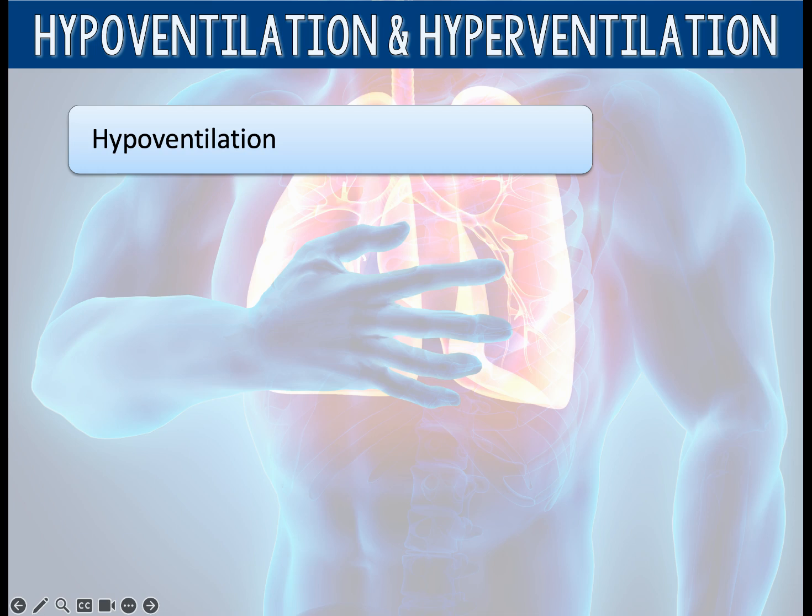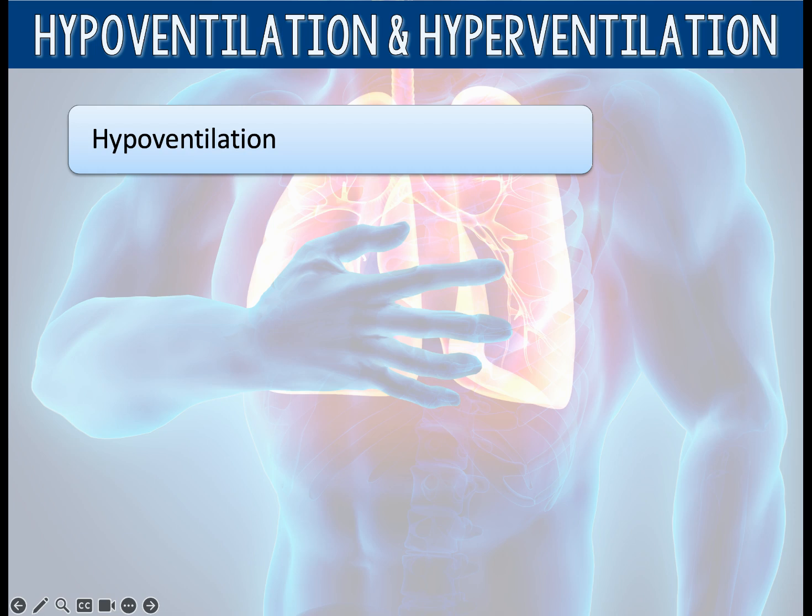This can be influenced by decreased rate, so slow respirations, or not enough depth of respiration. So shallow breathing is not enough. It will still be hypoventilation because you're not taking enough of a deep breath to draw air into your lungs.